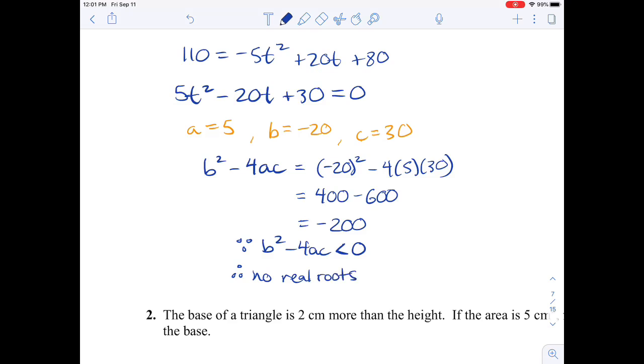And because we can't accept imaginary numbers as values for time, we can only accept real numbers for time. That means there's no real point in time where this object will reach 110 meters. So we can therefore say that the object will never reach 110 meters.